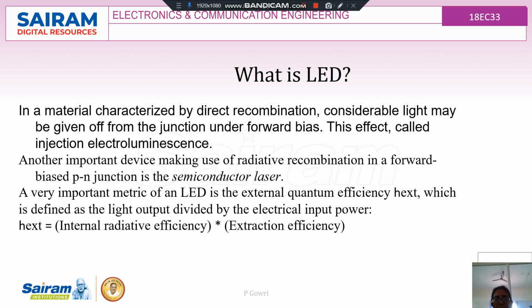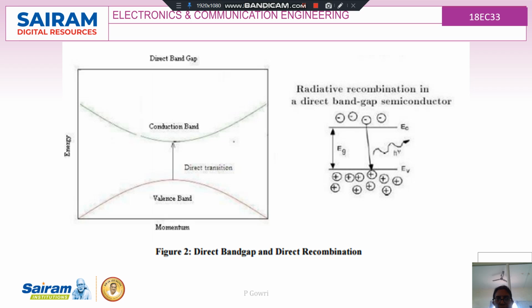A very important metric of an LED is the external quantum efficiency, eta external, which is defined as the light output divided by the electrical input power. So here, if I take a normal PN junction diode, normal PN junction diodes come under the indirect band gap. So indirect band gap is nothing but it will be having a change in the momentum before the electrons move from the conduction band to the valence band.